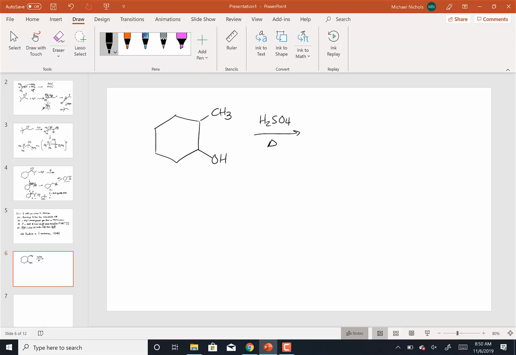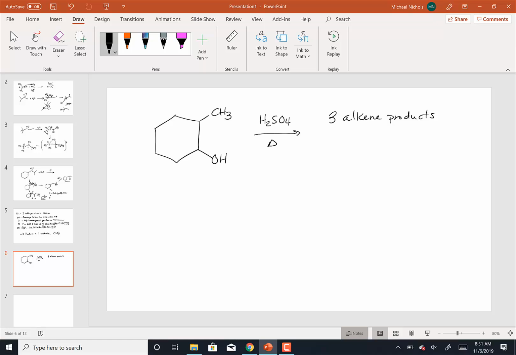We've done this reaction for a few years, but when I did this reaction with H2SO4 and heat, I got 3 alkene products in my GC. I would always see 3 peaks for my alkene.